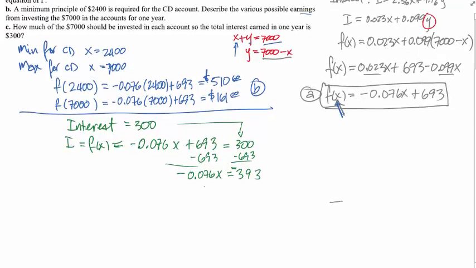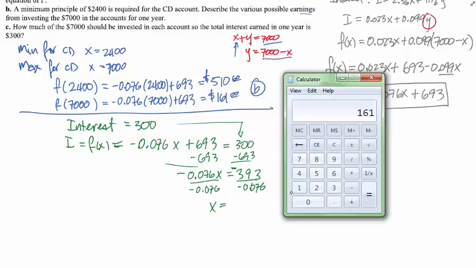Now I want to divide both sides by negative 0.076. So x is equal to negative 393 divided by negative 0.076, and a negative and a negative give us a positive value, and that's 5171.05.